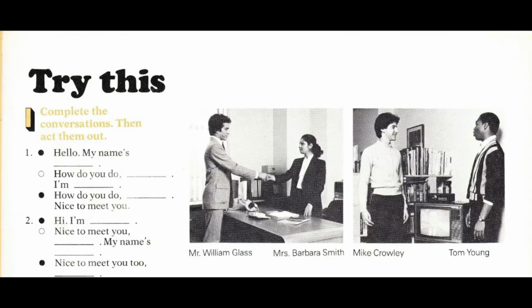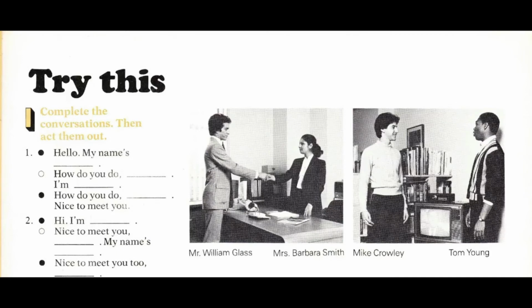So this is a friendly and informal conversation. On the left side, exercise 1 says, complete the conversations, then act them out. Means perform them, do them. We have some blanks. It says, hello, my name's something. Then, how do you do?